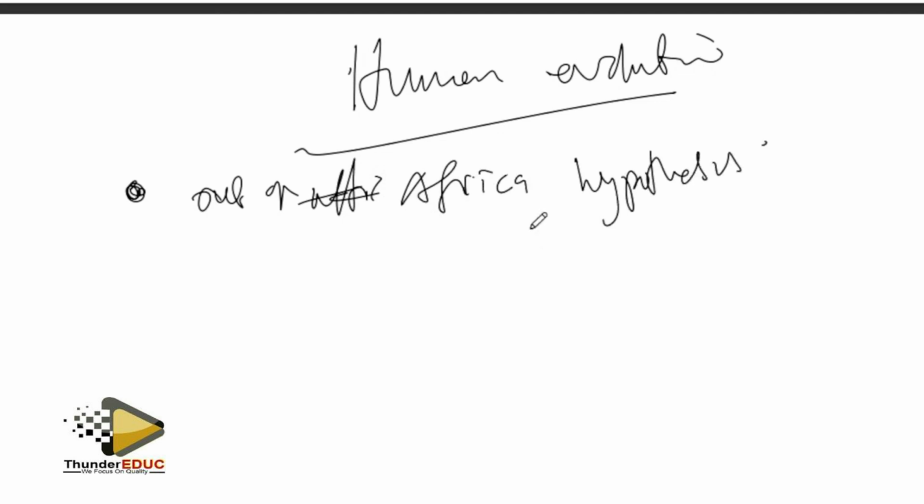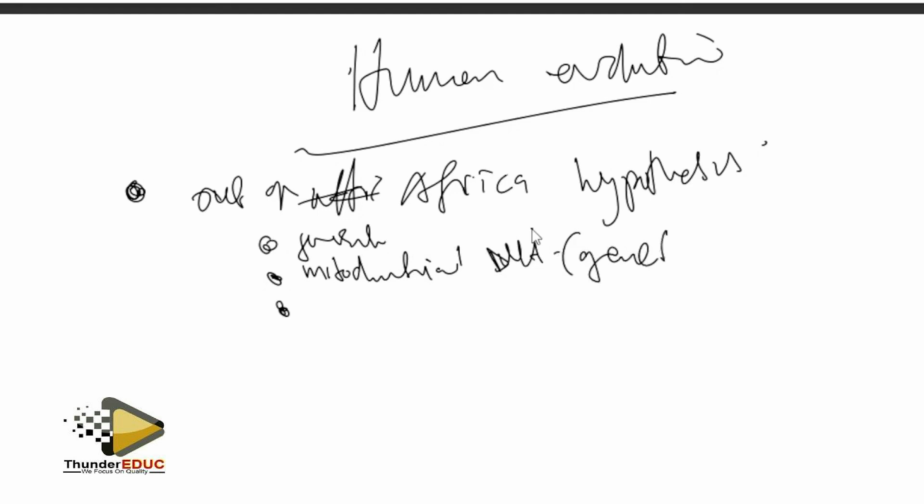Number 2, here you have to tell us the evidences. Evidence of that is fossils. You have to tell us the mitochondrial DNA. Sometimes you call it genetics.